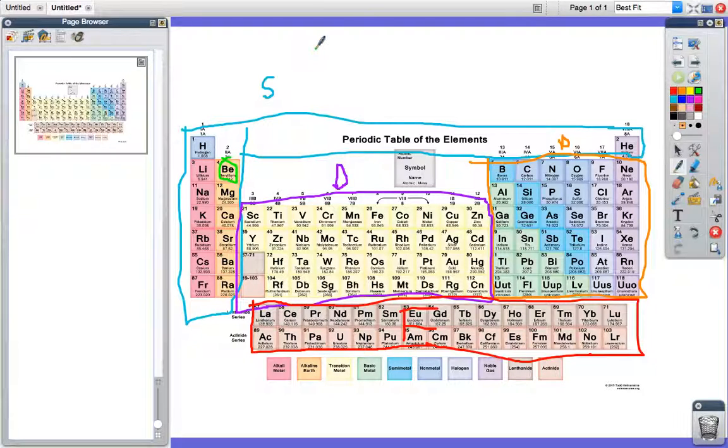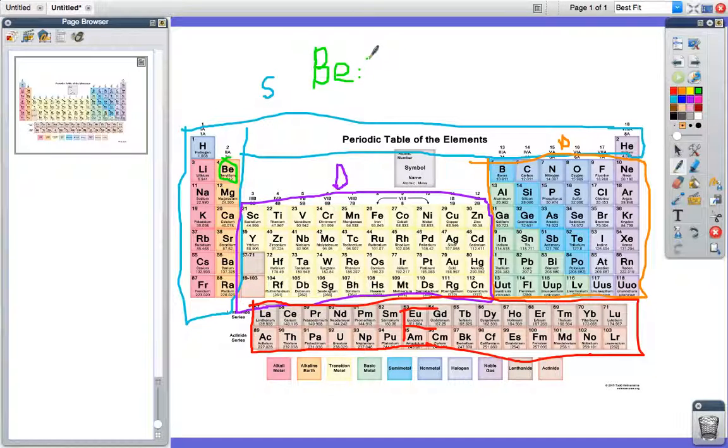Okay, beryllium, right here, is an element, and this element has 2 energy levels. How to configure this is pretty much, here's period 1, here's period 2.